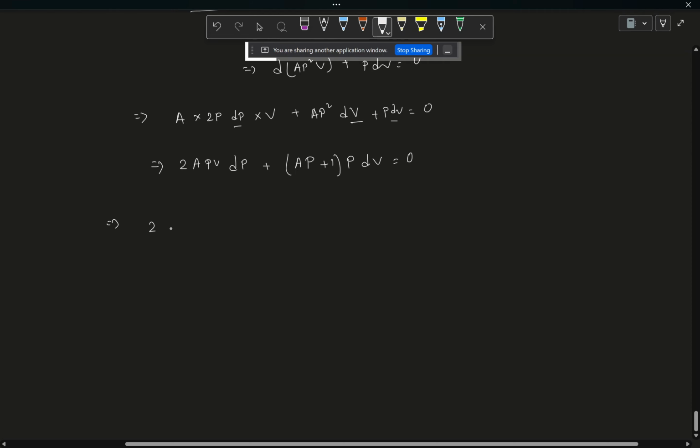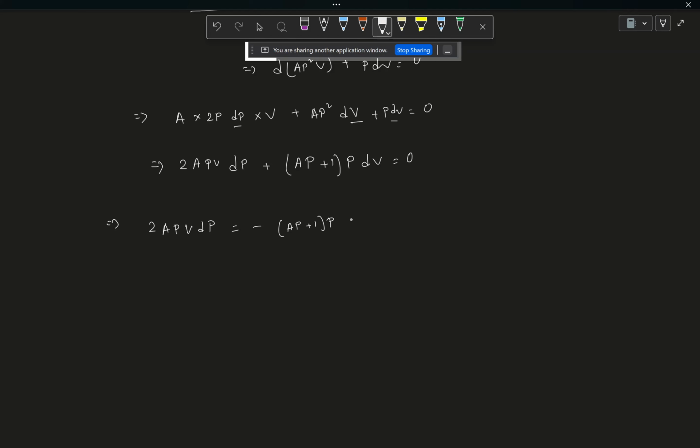So we take terms to both sides separately: 2A p V dp equal to minus (A p plus 1) p dv. Now this p and this p cancel out. So taking similar terms to one side, dp by (A p plus 1) equal to minus dv by 2A V.